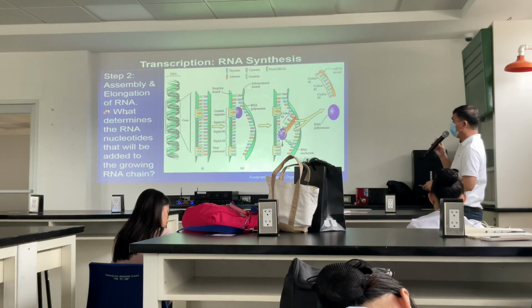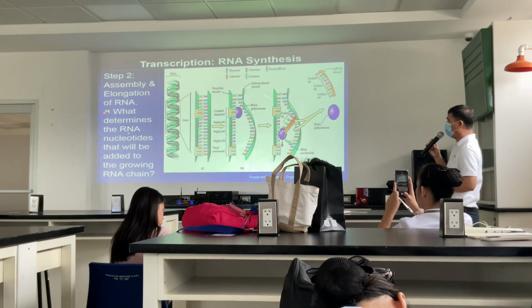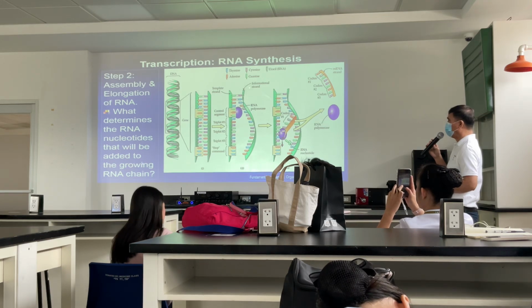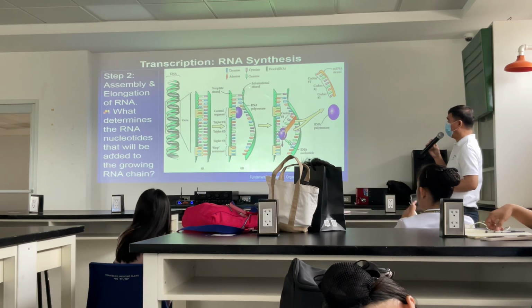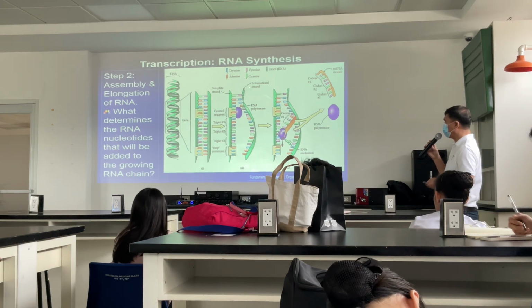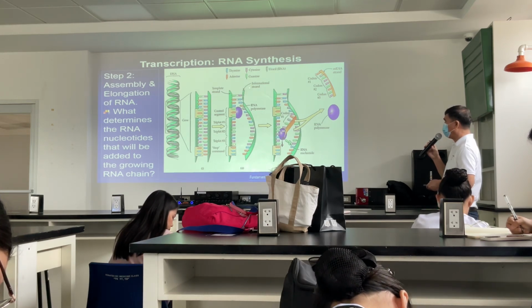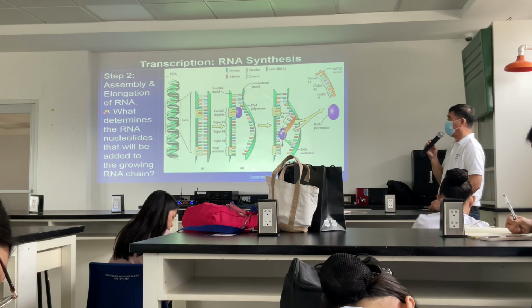So during assembly and elongation of the RNA, what determines the RNA nucleotides that will be added to the growing RNA chain? It will be determined by the sequence of the bases found on the template strand.